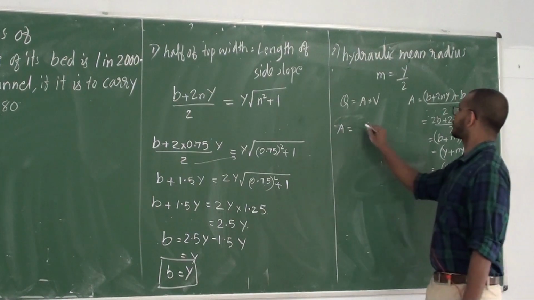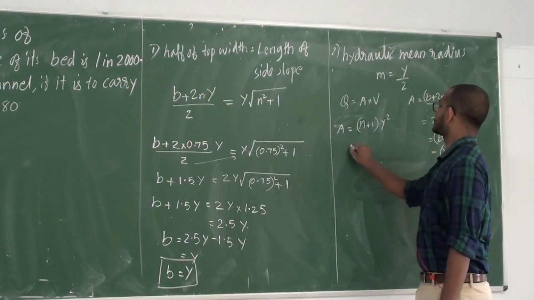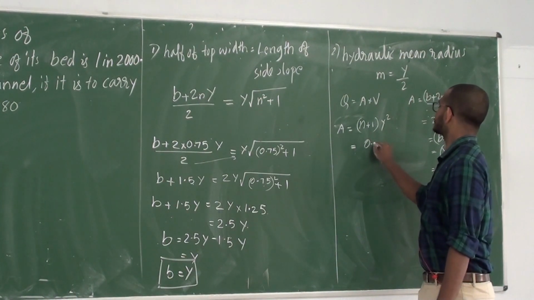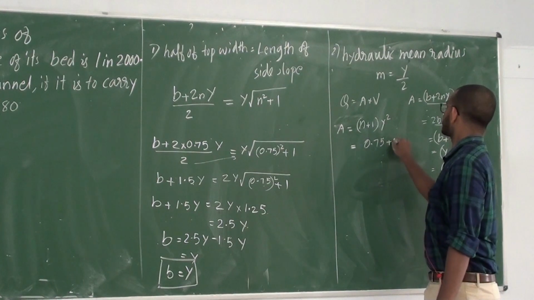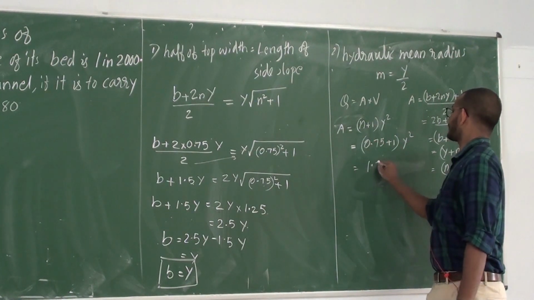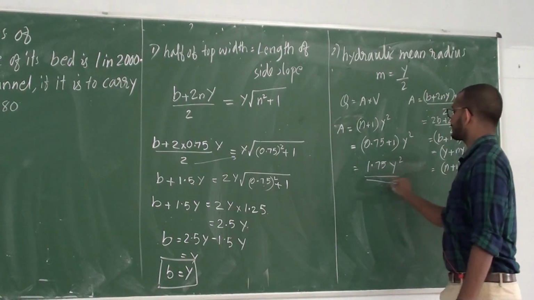With n equal to 0.75, 0.75 plus 1 into y square is equal to 1.75 y square. This is the value of area.